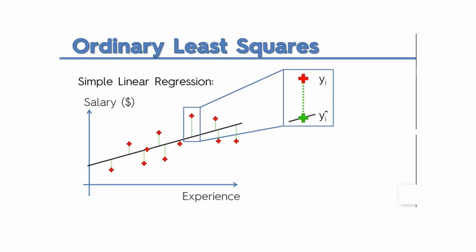When we project onto the line, wherever the green dots touch the black line, that's where a green plus is. That is called a projected point. The red one is the actual point, the actual salary, yi. The green one is the projected or the predicted salary.